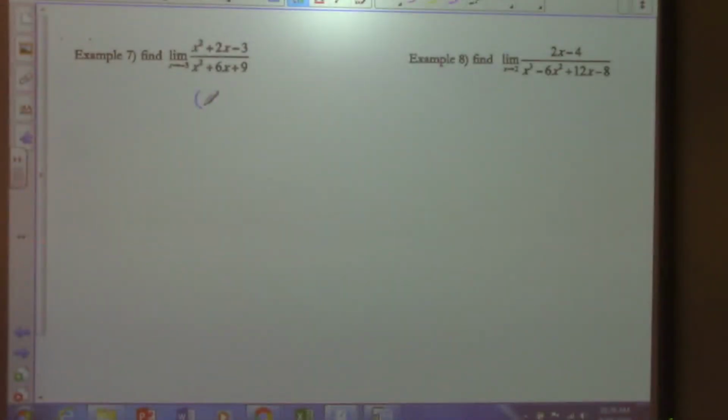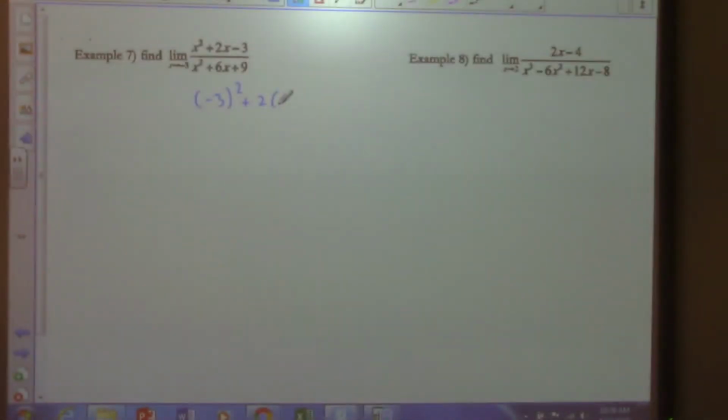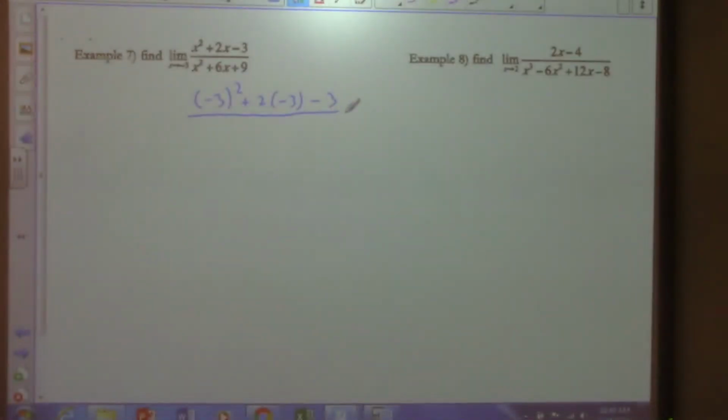We have -3 squared plus 2 times -3 minus 3, over -3 squared plus 6 times -3 plus 9. So we have 9 minus 3 minus 3, which is 0, and 9 minus 18 plus 9, which is 0.